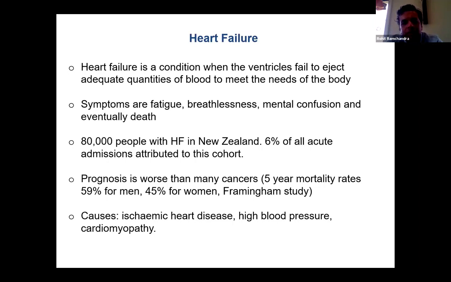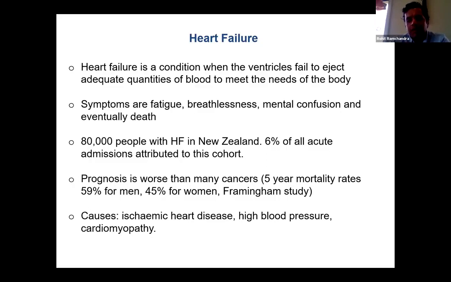Effectively, the 5-year mortality rate of 59% for men has come down a little bit, but still remains 45 to 50%, depending on which country you look at. So prognosis is quite poor for these patients. And of course, the reasons that cause it can be varied, from ischemic heart disease to high blood pressure or cardiomyopathy.